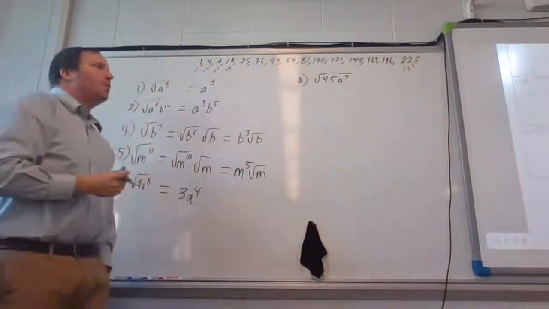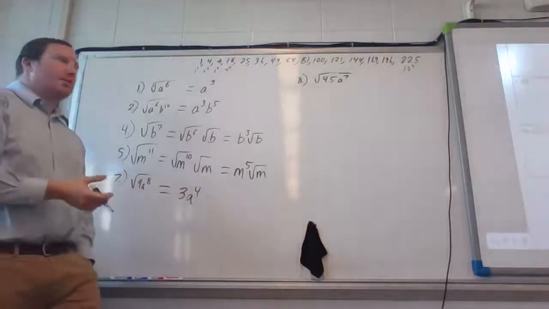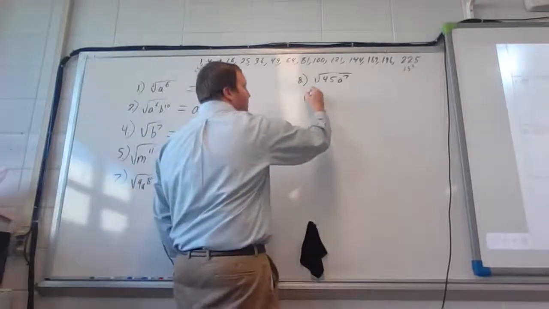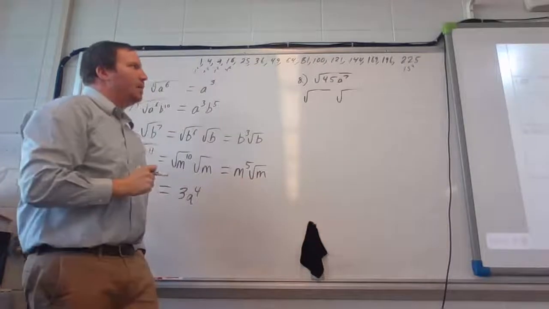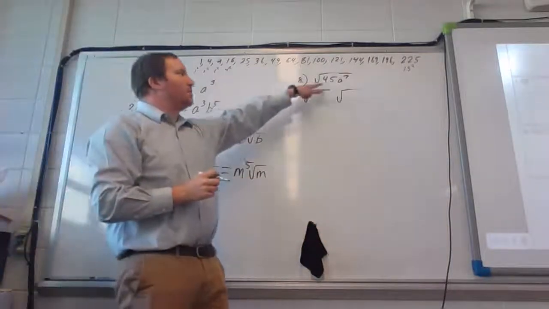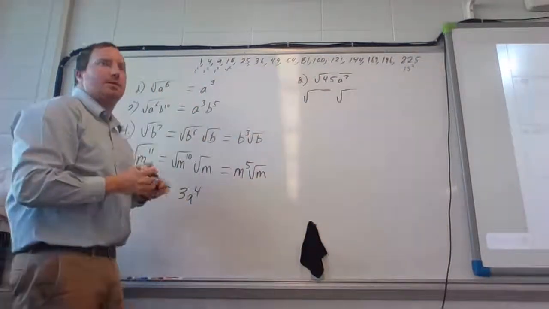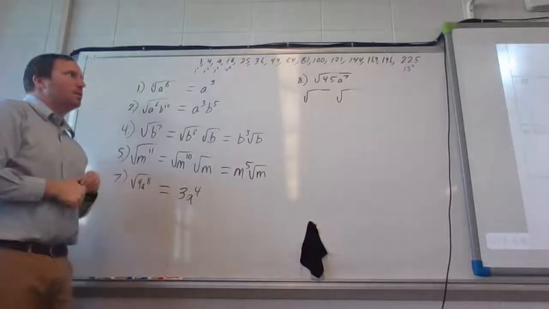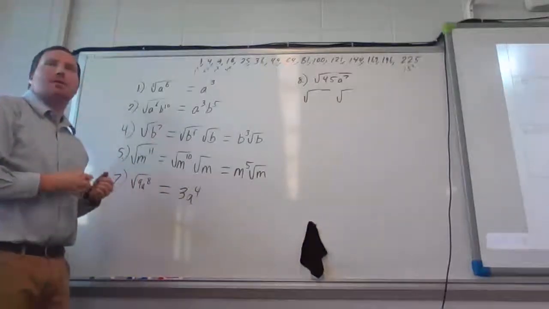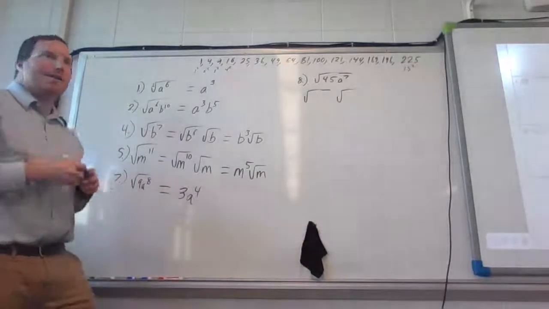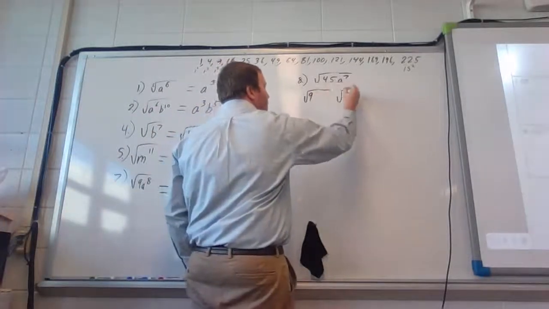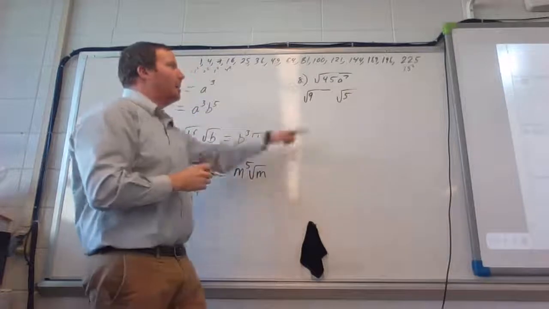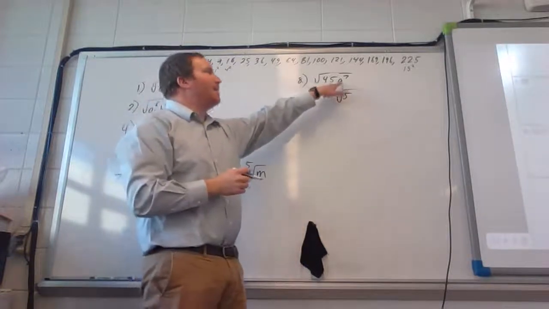Again, what we want to do is split it into 2 radicals, 1 with the perfect squares and 1 for our non-perfect squares. So we need the biggest perfect square that goes into 45. What would that be? 9 times 5. 9 times 5 gets us that 45. And then we have that a to the 7th.